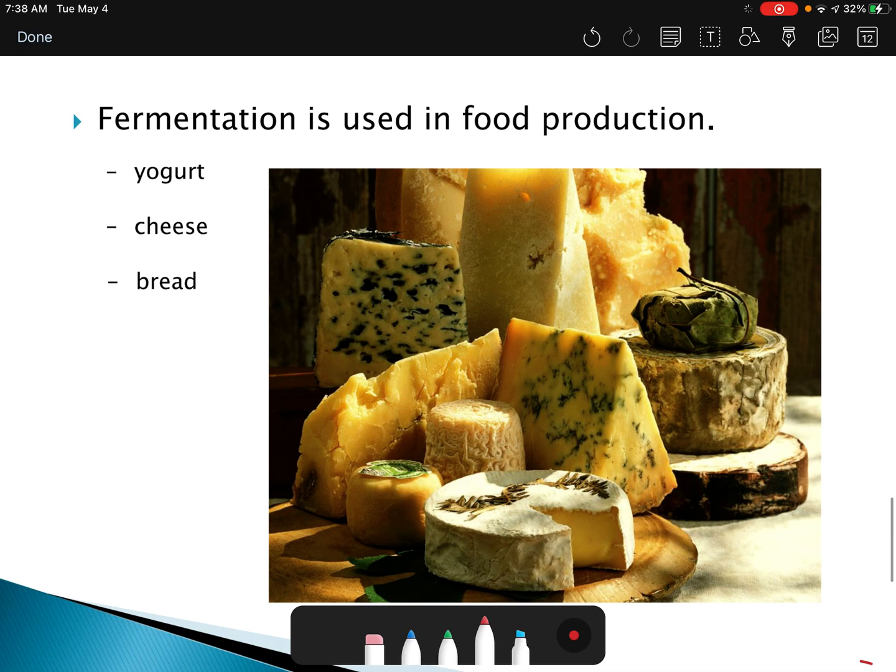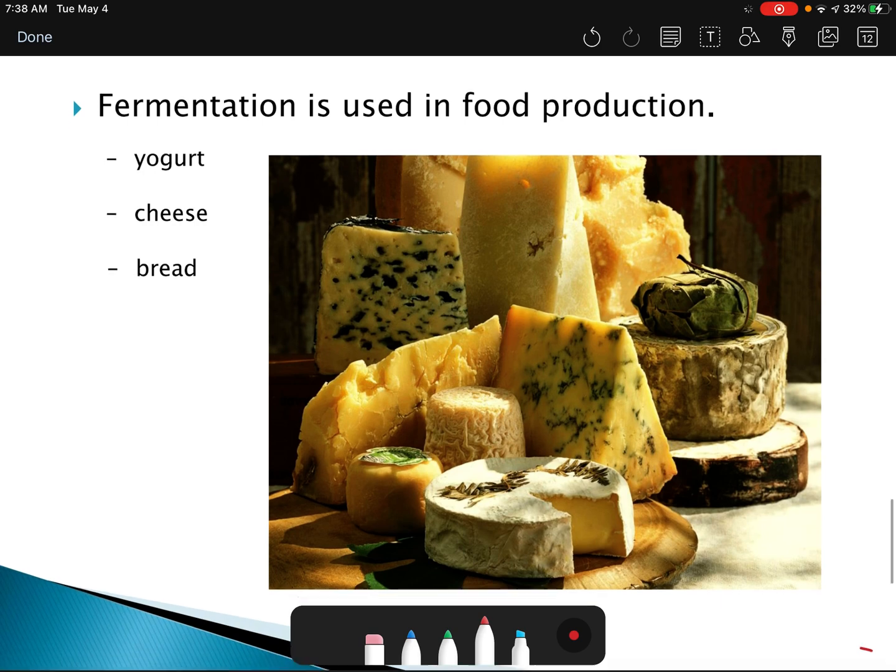So fermentation can be used to make yogurts, cheese, bread. We already talked about the alcoholic beverages, but also things like sauerkraut. Some of you may not like that, but I like it on my brats in the summertime when I'm grilling. Also kimchi, if you've ever had that. That's like a fermented cabbage as well. So we use fermentation to make lots of different food products.